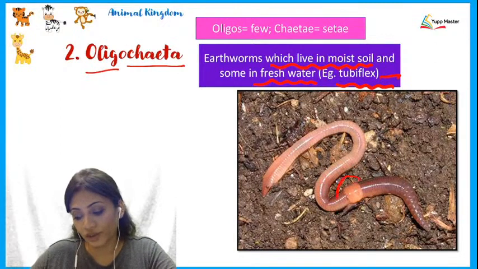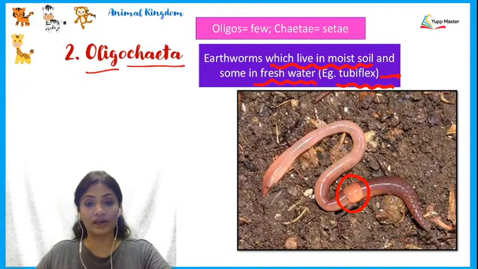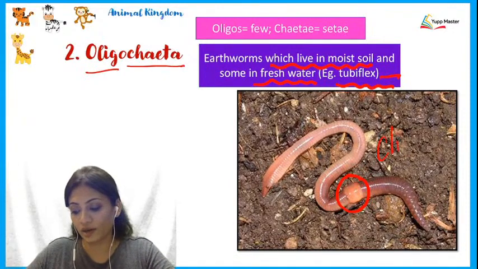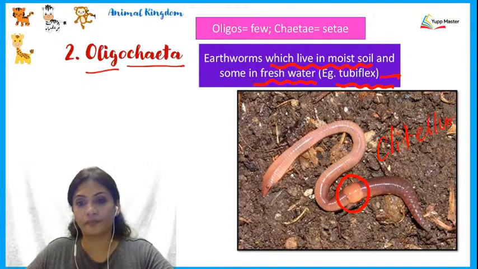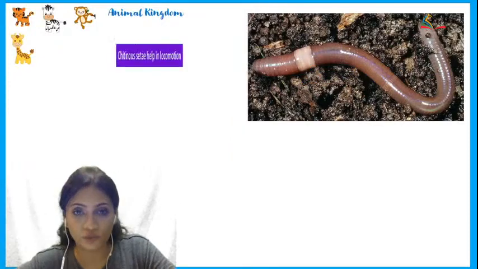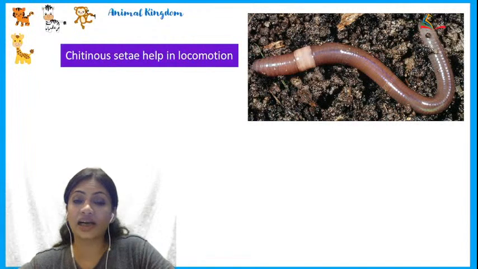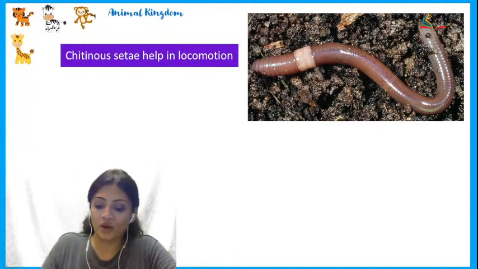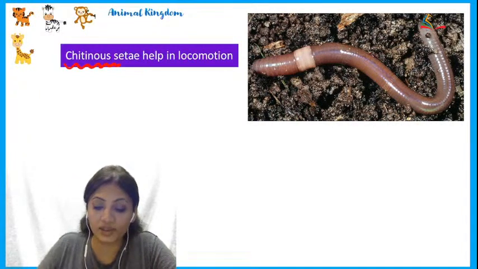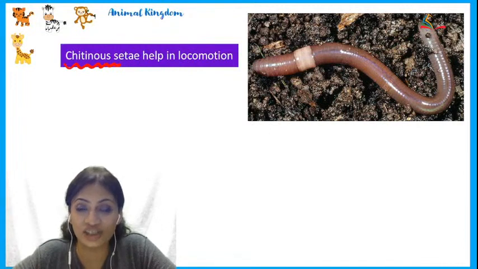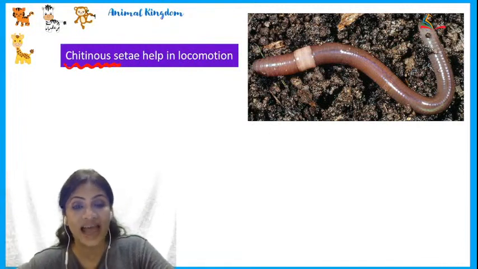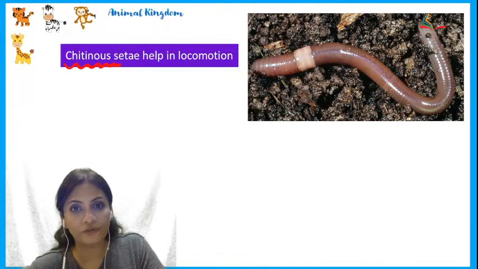Remember this part of the earthworm, this is that region which we called the clitellum. Next, we see here that in this class there are chitinous setae. Now this word here, please don't pronounce it as chitin, it is pronounced chitin, and the setae are made up of chitin.